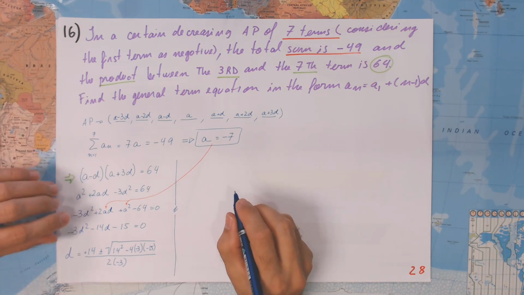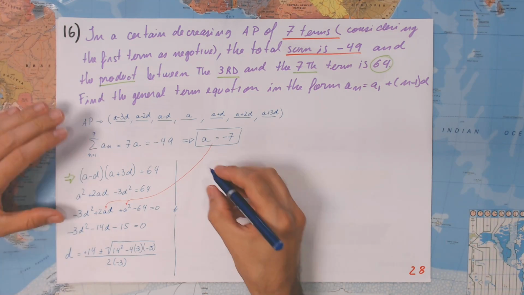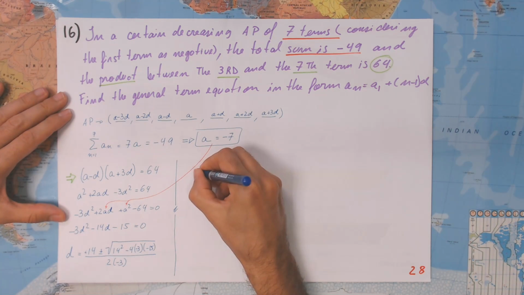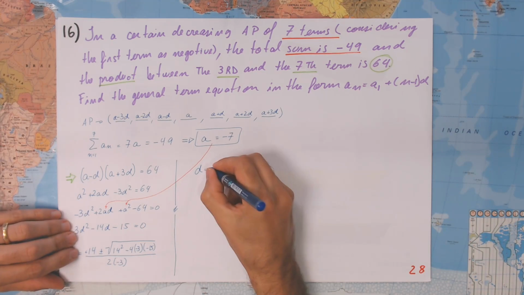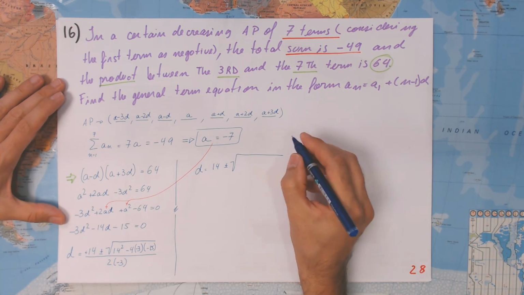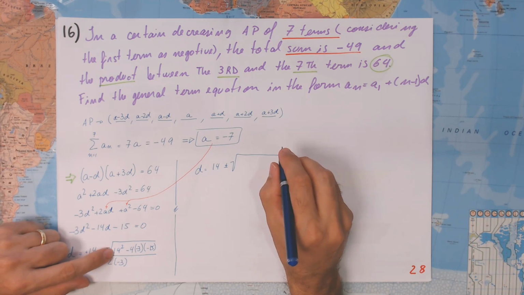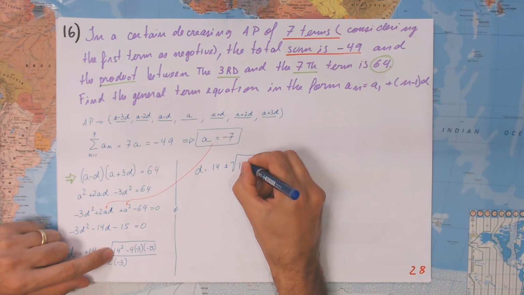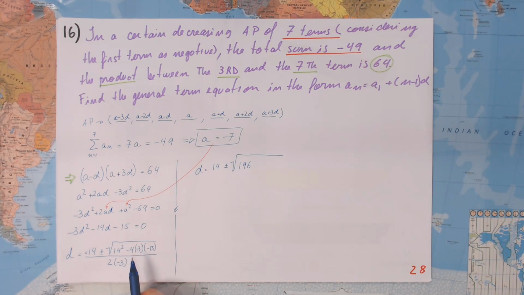Okay, now D is going to be what? 14 plus or minus the square root of 14 squared. Well, that is 196. And let's just stop for a moment.